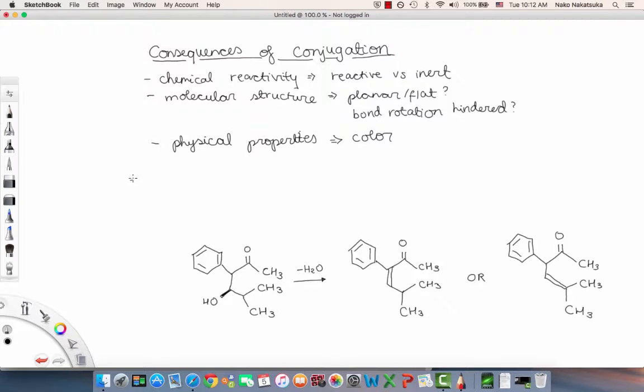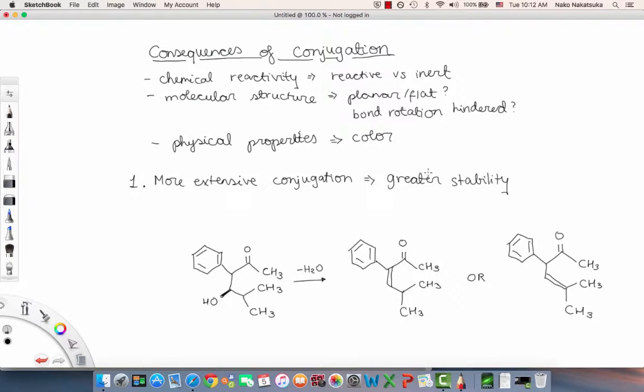And so I'm going to start talking about the first consequence of conjugation, which is that the more extensive the conjugation, this leads to greater stability. So this makes sense because of all the things we've talked about in this chapter, right?